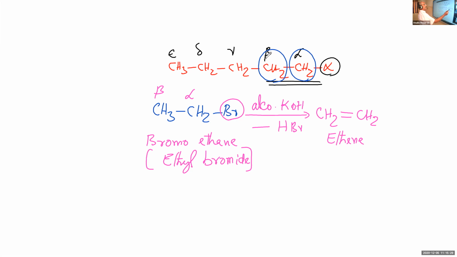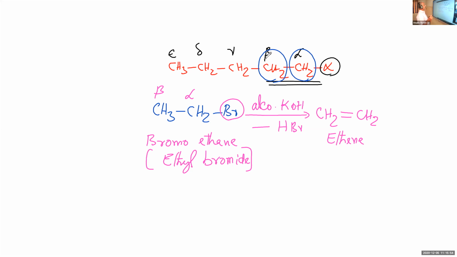Compare the reactant and product. In the product, CH2 is retained and another CH2 has come, and it is from the CH3 group. That means hydrogen is eliminated from the beta carbon.